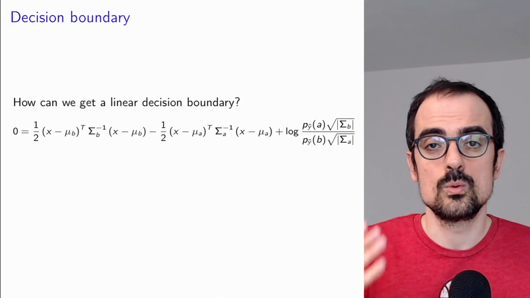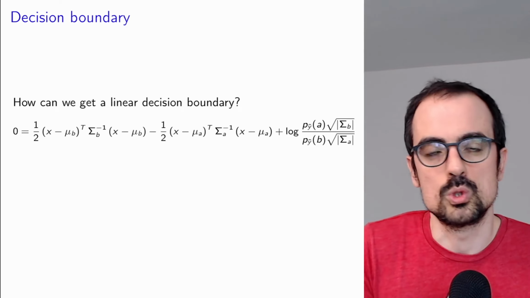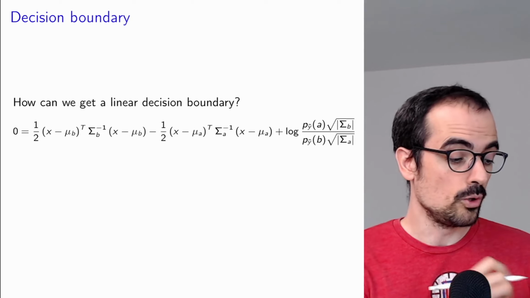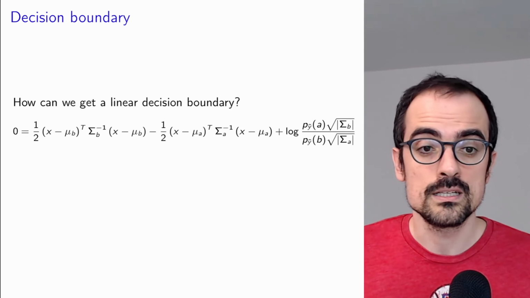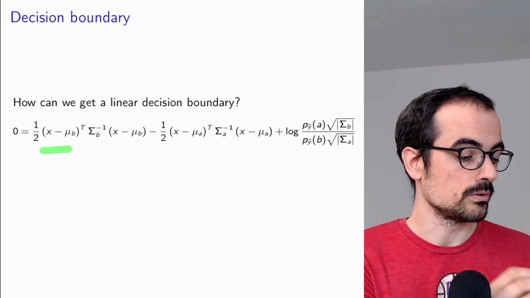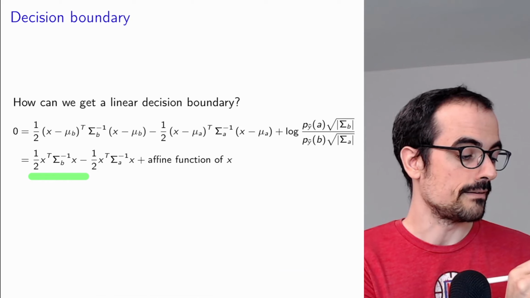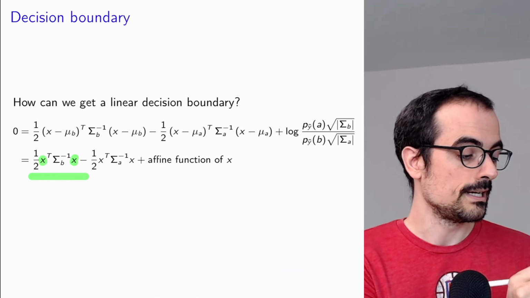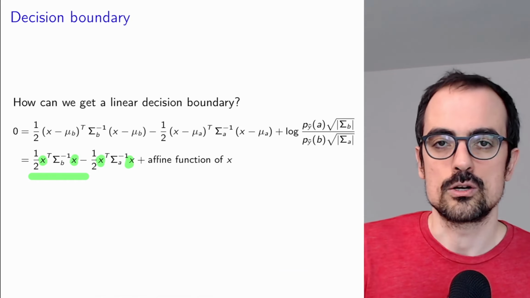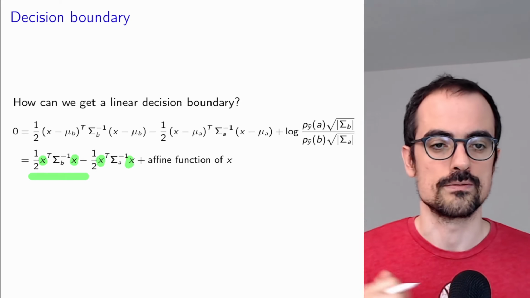In some cases, this would enable you to overfit a little bit less, because maybe the quadratic boundary could overfit in some instances. In that case, if you look at this very closely, the part that is really quadratic when you expand all of this out is actually this one, where you have x on the left and on the right, multiplying the corresponding inverses of the covariance matrix parameters of the conditional distributions of the two classes.